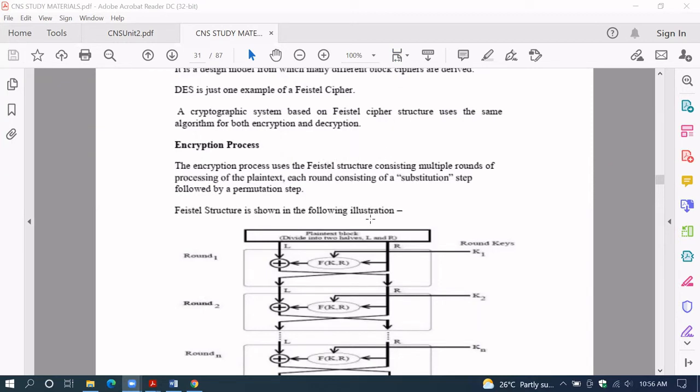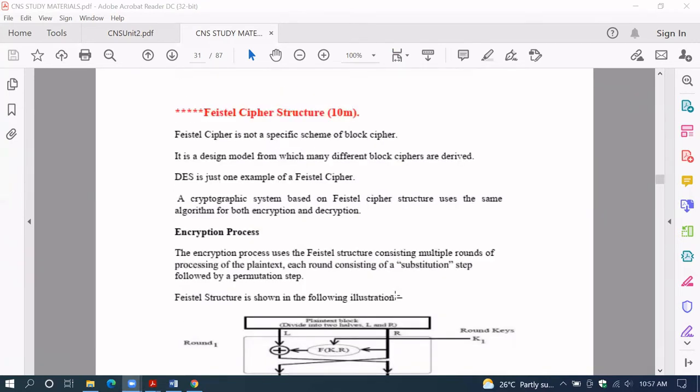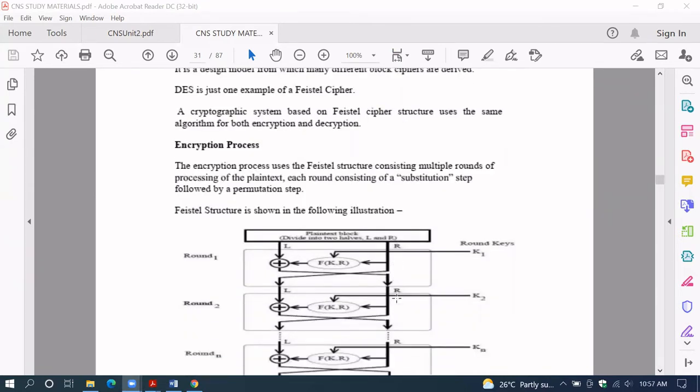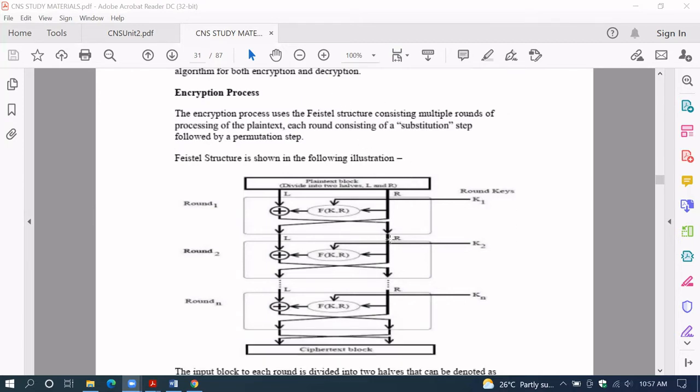So we cannot say that Feistel cipher is the basic scheme of block cipher. It is a cryptographic system. The DES is a cryptographic system based on this Feistel cipher using the concept of encryption and decryption.